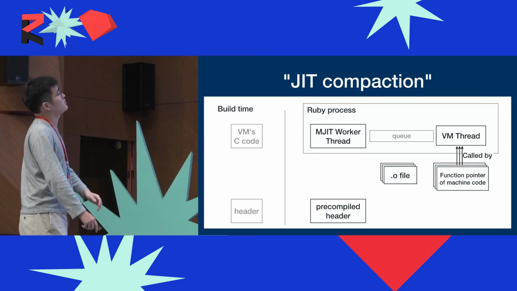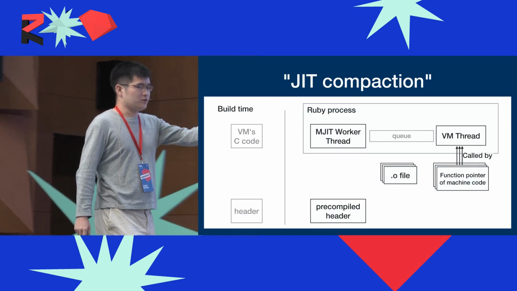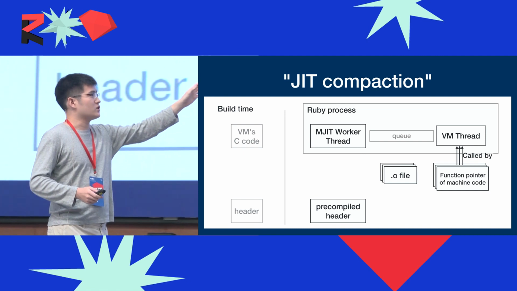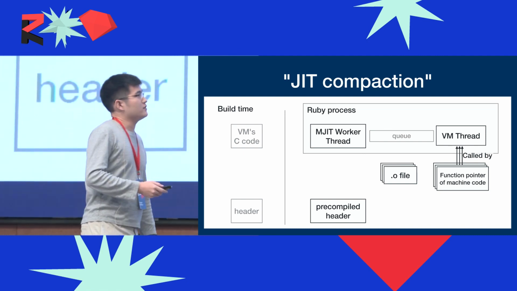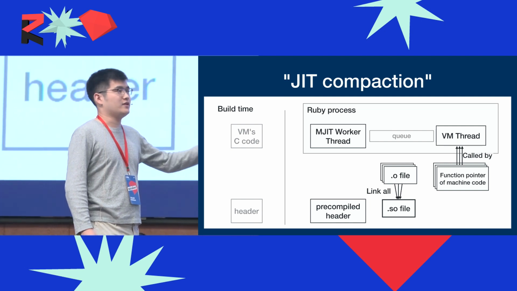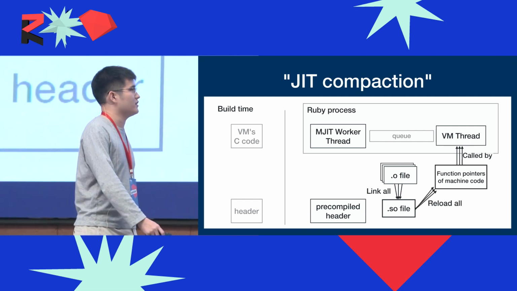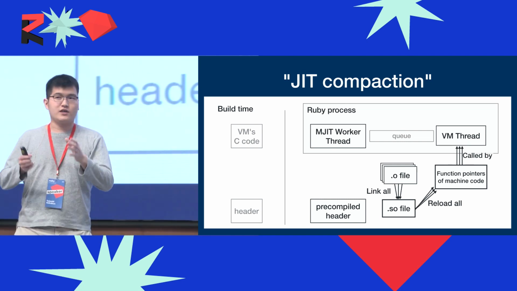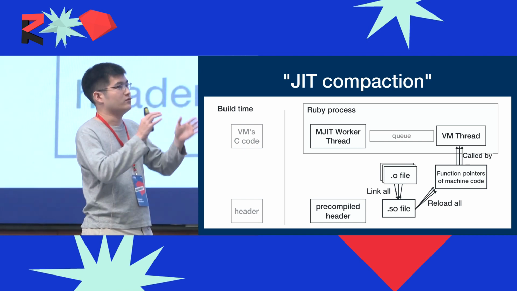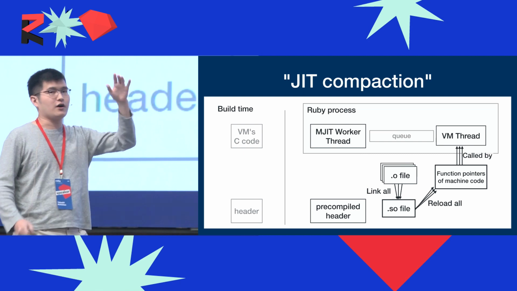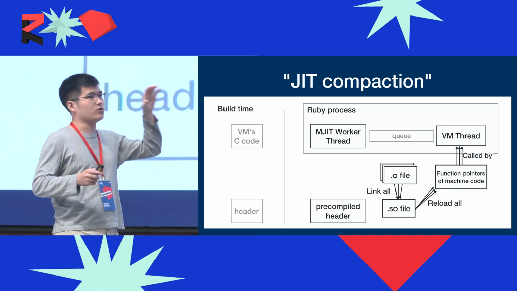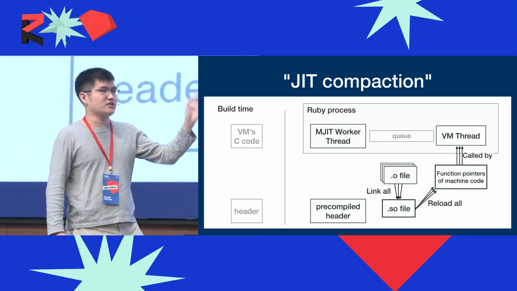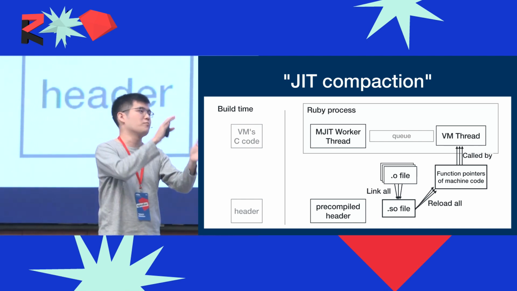In Ruby's JIT, when you run a Ruby program with --JIT for a long time, it leaves a lot of .o files, which are native code. The reason I leave the .o files for a long time is for linking them all together later. In Ruby 2.7, it can compile 100 methods to native code, which may leave 100 .o files, and link them all into a single .so file to load into close, compacted memory.